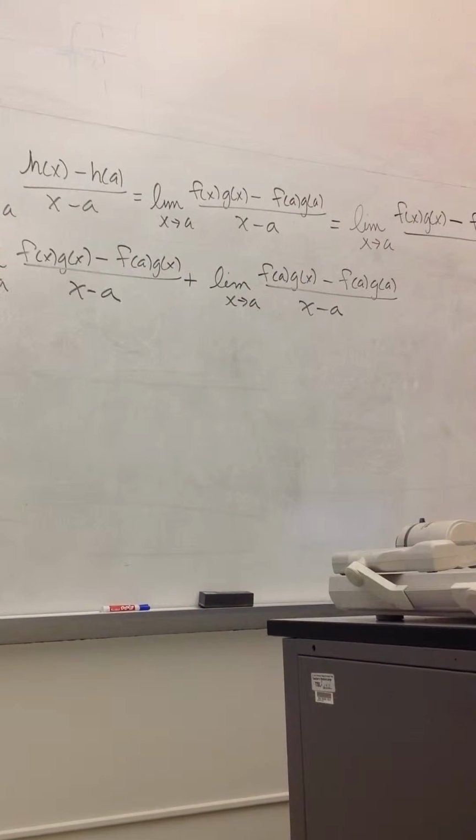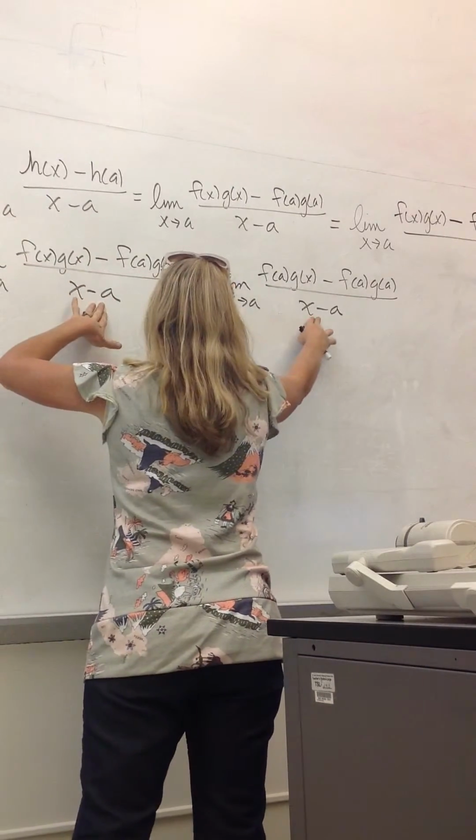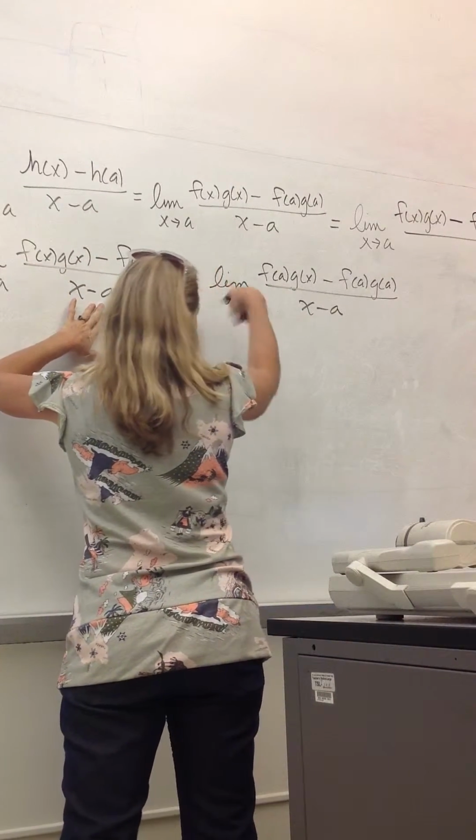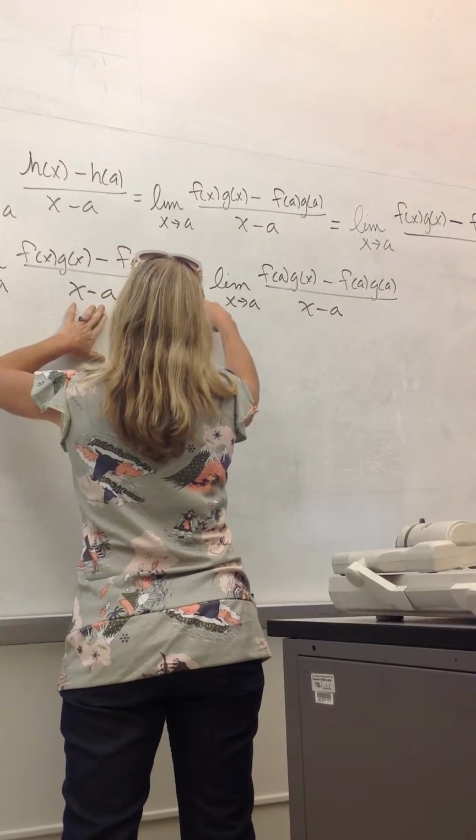Okay, so the limit of a sum is the same as the sum of the limits, so I'm able to break it where there's a sum. Notice the x minus a had to go underneath both of these because I'm adding, I'm not multiplying like I was in the cosine and sine problems.